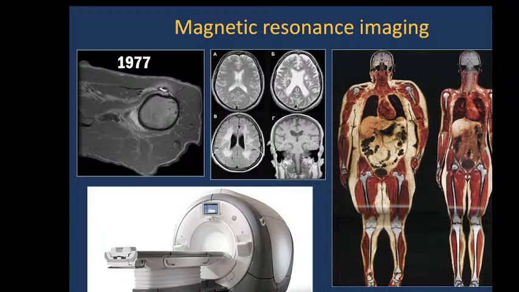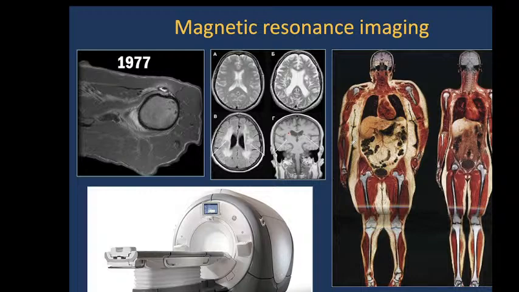It allows us to see muscles and soft tissue better than by CT scan, and it is also possible to see the section not only in the horizontal plane but in different planes, with a frontal plane and sagittal plane.